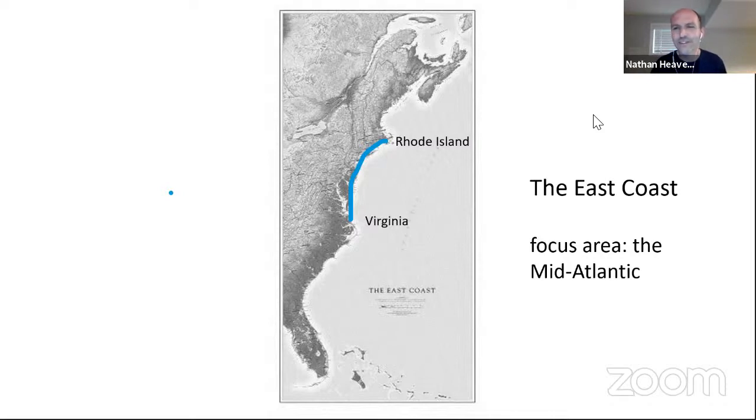And it's a good place to look at because it encompasses the rocky regions to the north, and then the barrier beaches and bays to the south. This Mid-Atlantic combines a lot of what the whole East Coast has to offer. So it's a kind of microcosm of the larger region.